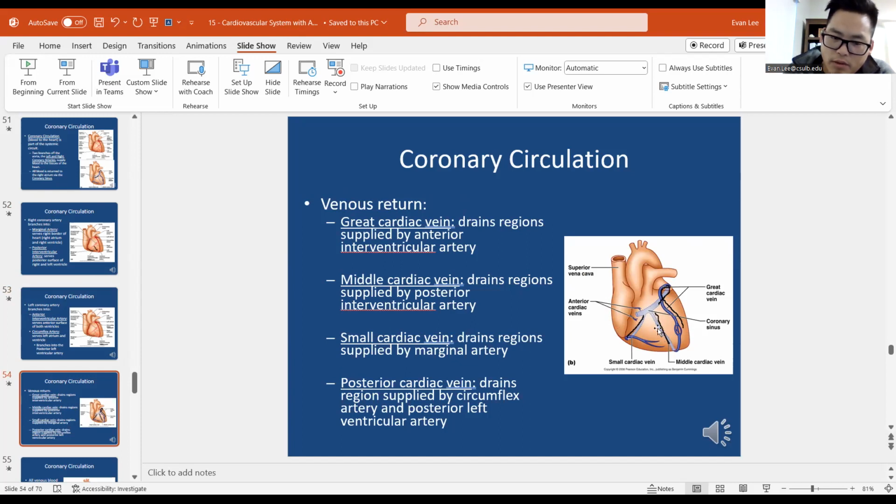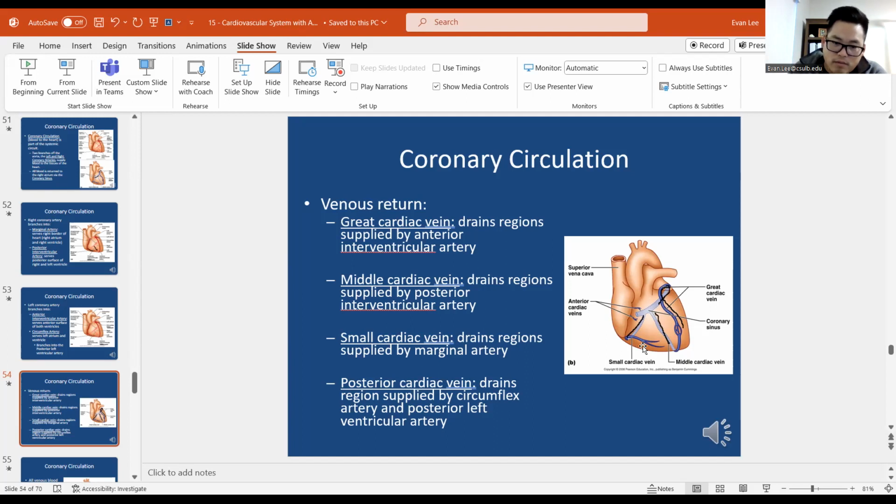And that leads us to another one on the back side over here, where you have your posterior interventricular artery. This is where you have your middle cardiac vein. So the middle cardiac vein is going to be leading to your coronary sinus as well. Now, where you had your marginal artery, that's where you have your small cardiac vein.